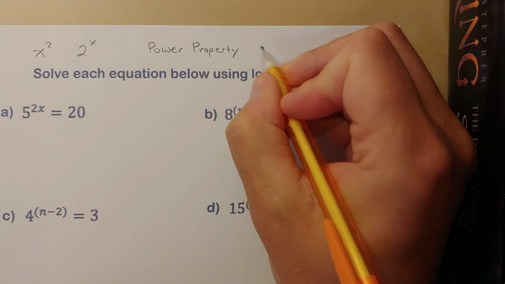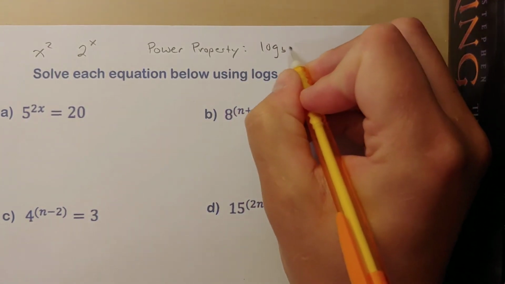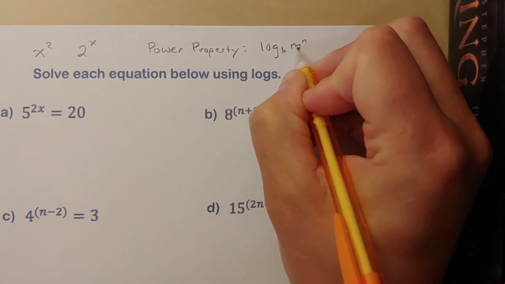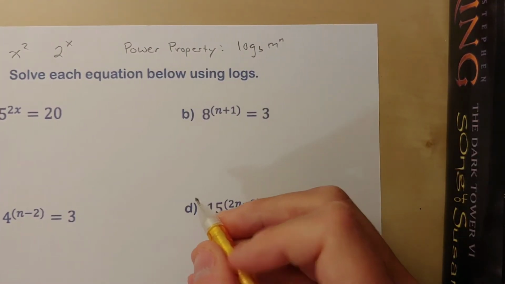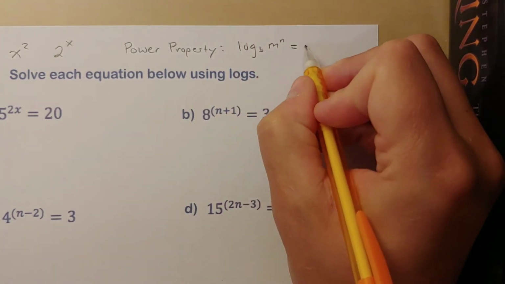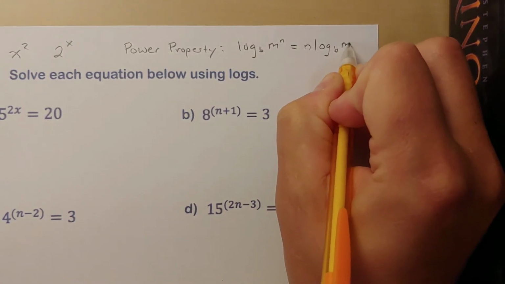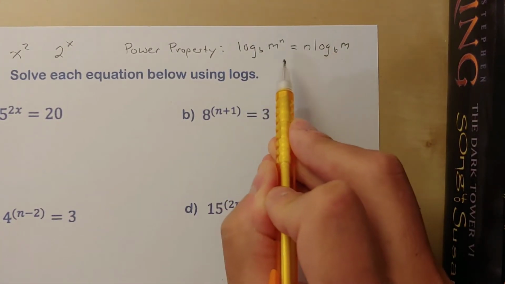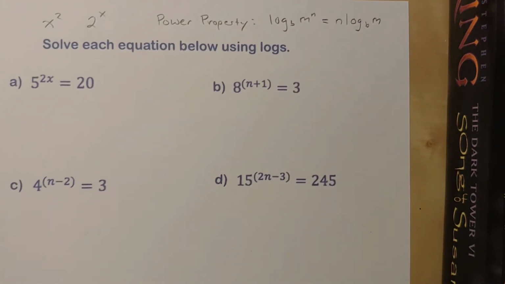The power property says that if you have log of some base of some term that's m to the n, some term with an exponent, you can rewrite that where you bring that exponent down to the front and it becomes n times log base b of m. These two expressions are equivalent. This is the power property. So this turns out to be incredibly useful when solving these types of equations.